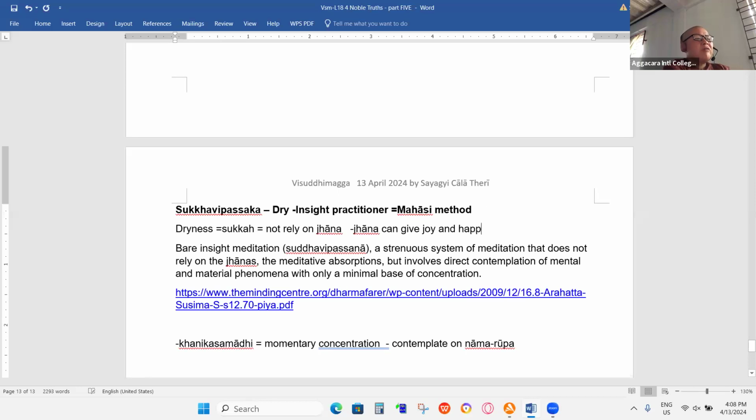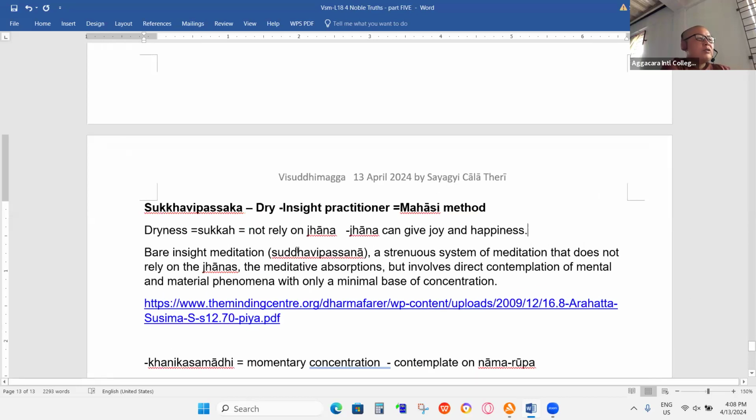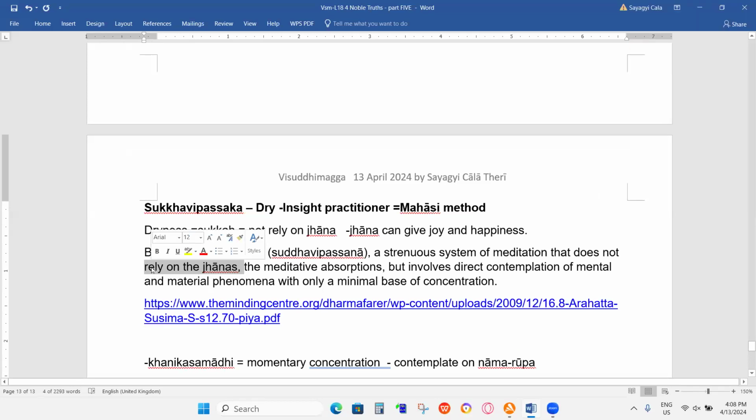So if they don't have joy and happiness, their meditation is very dry, without this wonderful feeling and so on. All right. So this means they just meditate, do the vipassana, and don't need to purposely practice jhana in advance. That means number 2. Yeah, this is more on number 2.